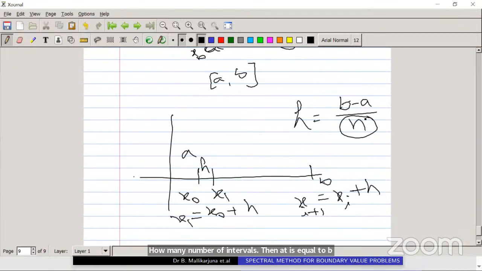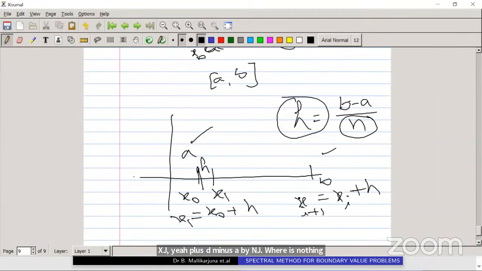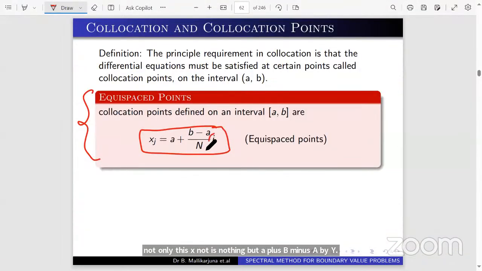N is the number of intervals, the number of partitions we are taking for the domain A to B. This is h, the common difference. So the same thing, x j is A plus ((B minus A) by n) times j, where A is nothing but x naught. Keep changing that j value, and we get the equispaced points.